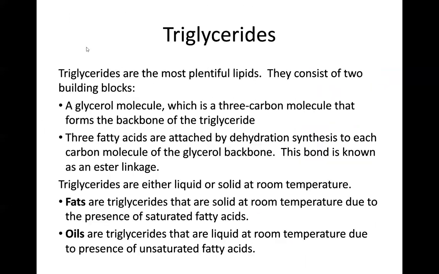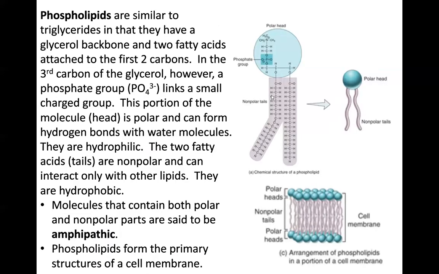They're afraid of water. Well, the tails of a phospholipid are just like any other fat in that they're afraid of water. Like if you put oil and water together, they don't mix. That's how these tails operate. But the head is not hydrophobic, it's hydrophilic. It likes and is attracted to water.